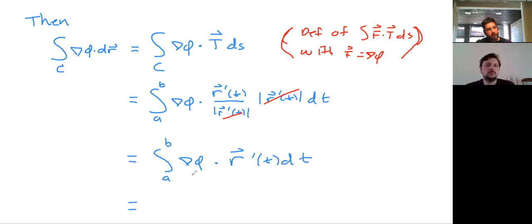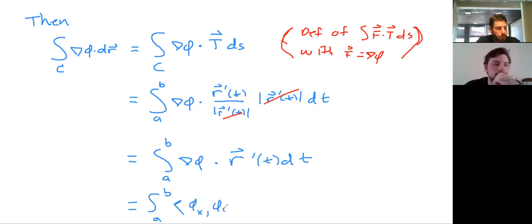So what is happening here? Well, let's write it out in all its glory. What is the gradient of phi? I'm going to use shorthand. This is phi sub x, phi sub y, phi sub z, and then this is dot. What is r prime? Well, we know what this is.